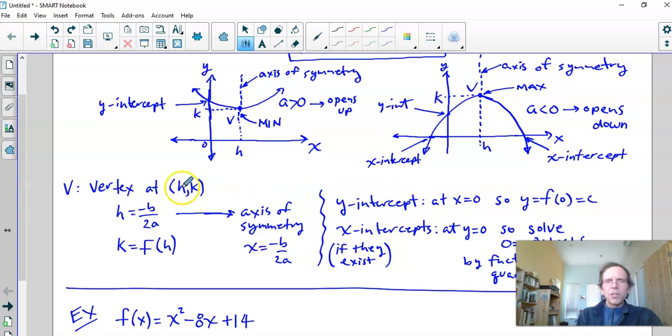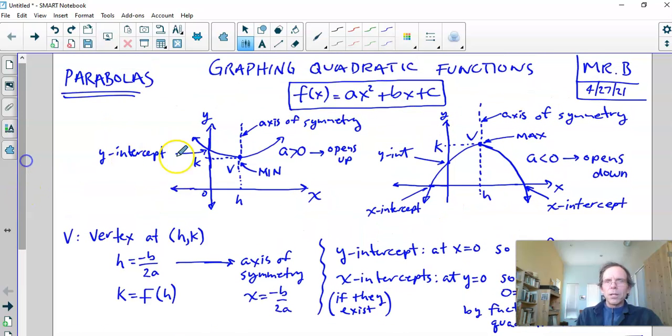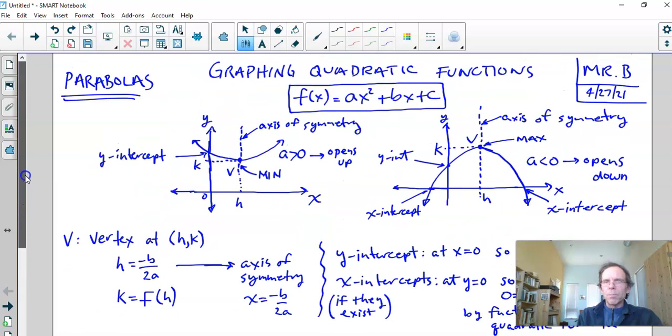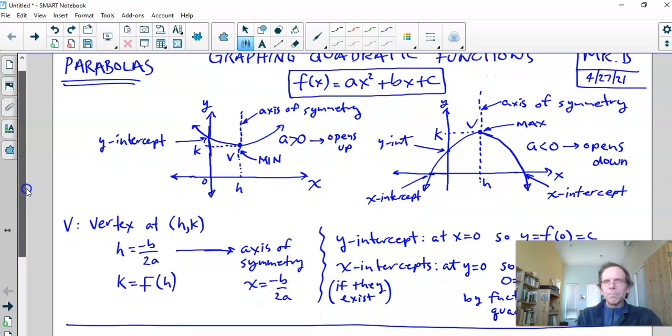So if you put x = 0 into this function, the first term and the second term will go away. And the only thing left will be c. So the y-intercept is always c when you have this form for the quadratic function.